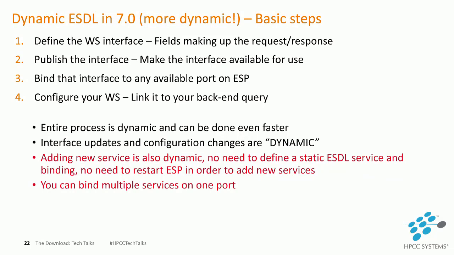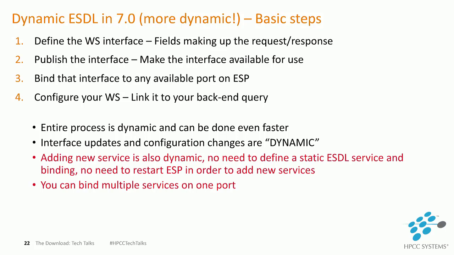It's even simpler than 6.4. In step 1, you first define your web service interface with ESDL, then you publish it. You bind the interface to any available port on ESP, and then you configure it to the backend Roxie.